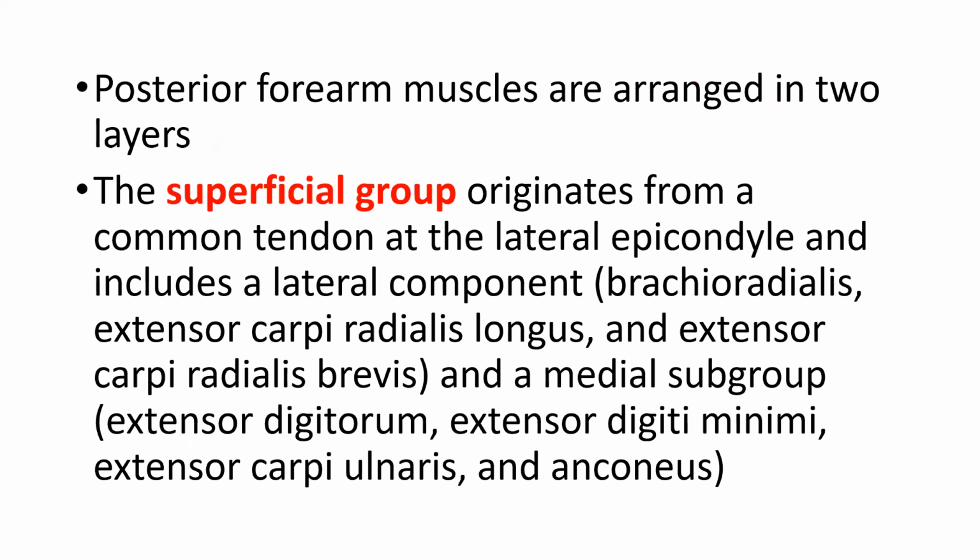The superficial group originates from the common tendon at the lateral epicondyle and includes a lateral component, the brachioradialis, the extensor carpi radialis longus, the extensor carpi radialis brevis, and a medial subgroup, extensor digitorum, extensor digiti minimi, extensor carpi ulnaris, and anconeus.